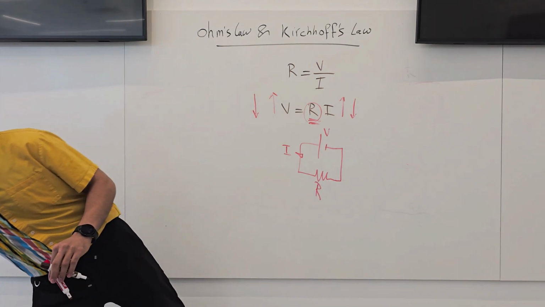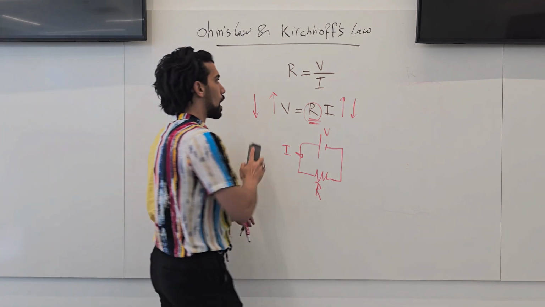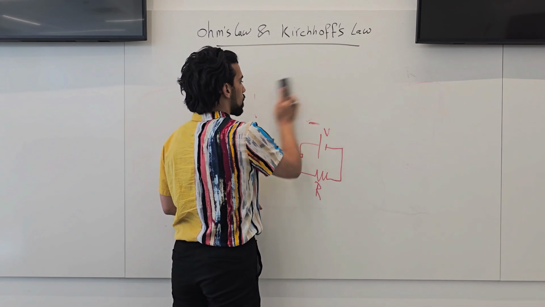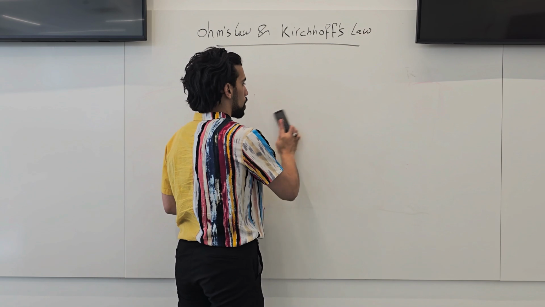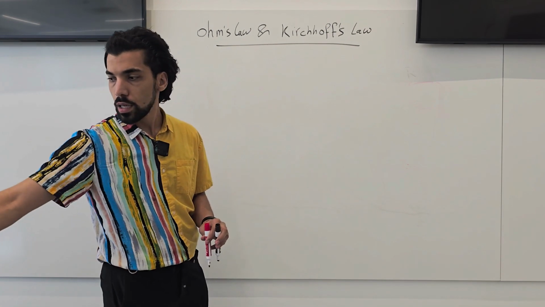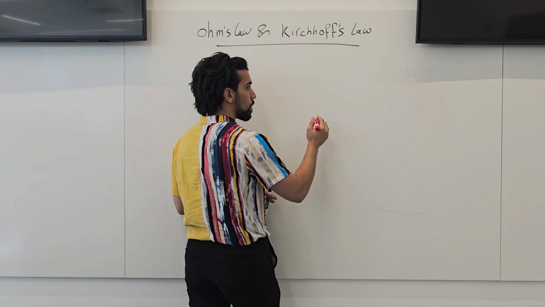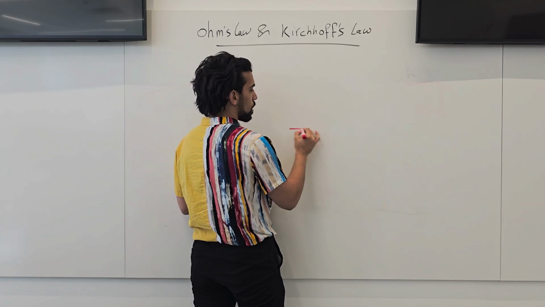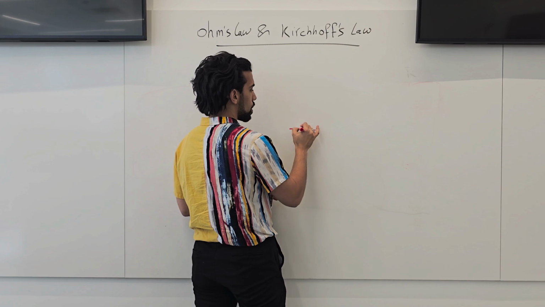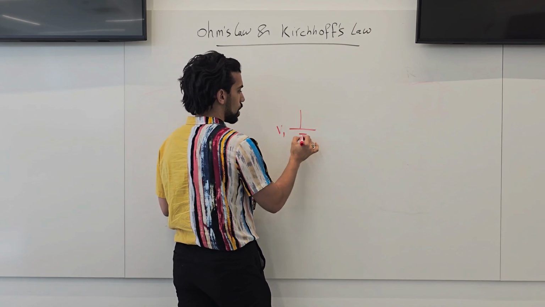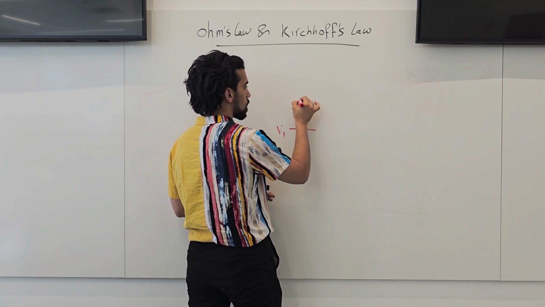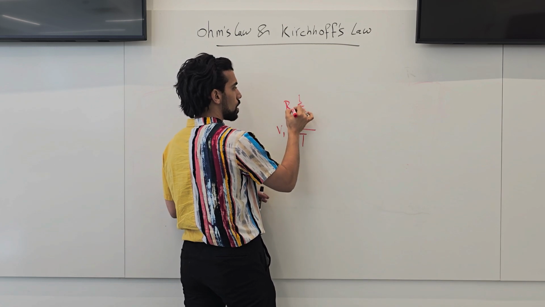So let's talk about Kirchhoff laws. I will use for this illustration the circuit that we are going to use in this lab. We have a certain voltage, let's say V1, connected in series with a resistance R1.